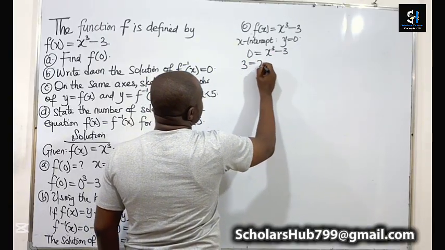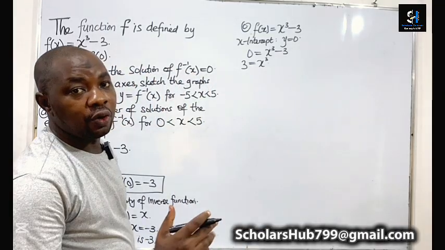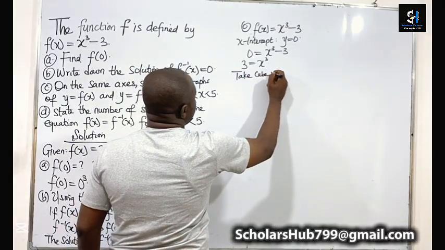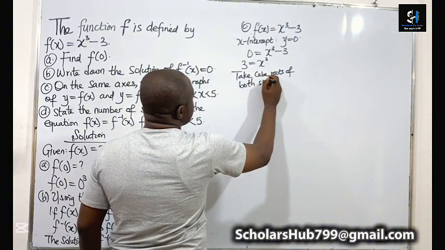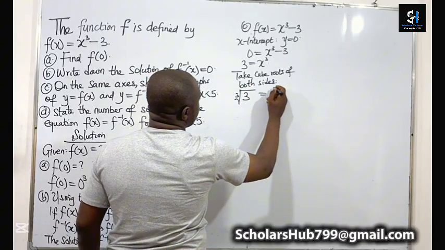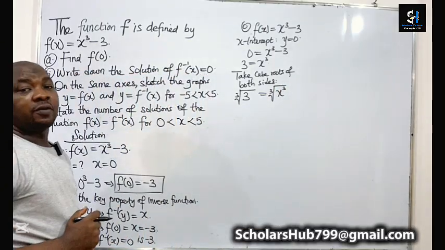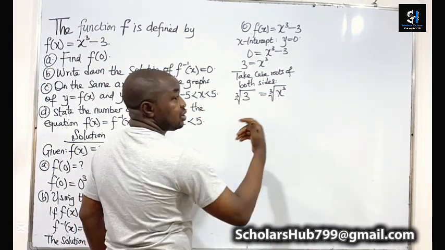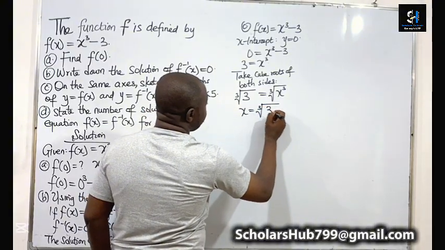This will be 3 equals x cubed. Now I can take cube roots of both sides: cube root of 3 equals cube root of x cubed. Cube root of x cubed is x, so x equals cube root of 3.